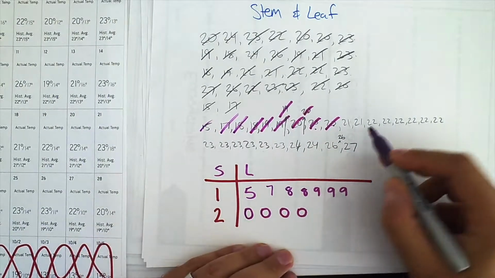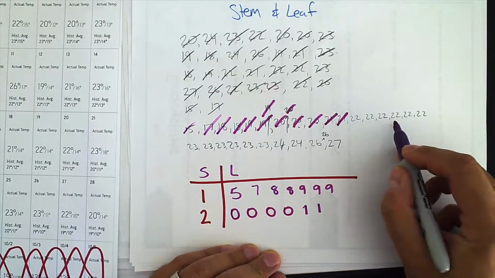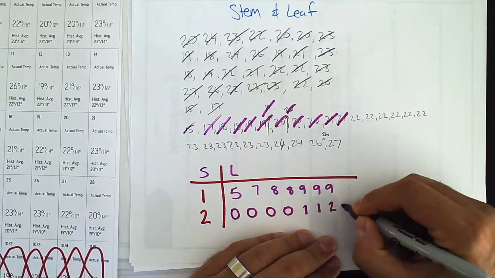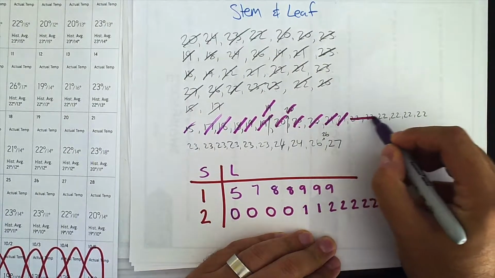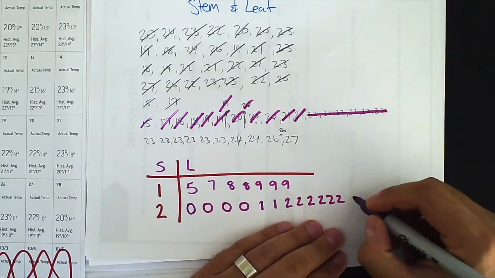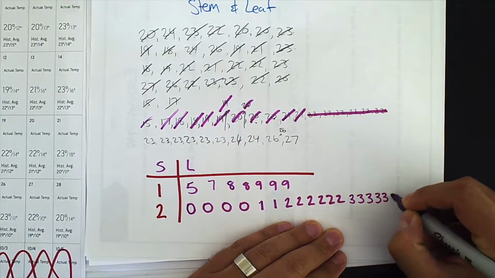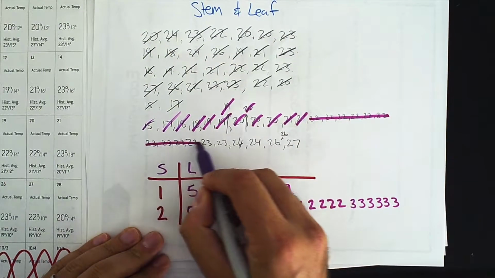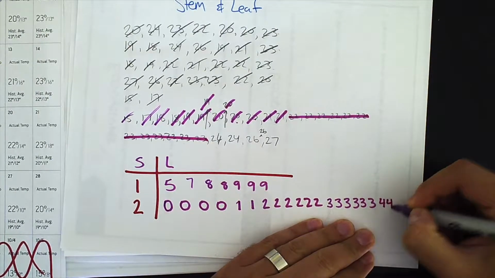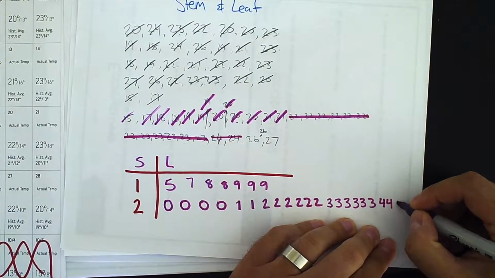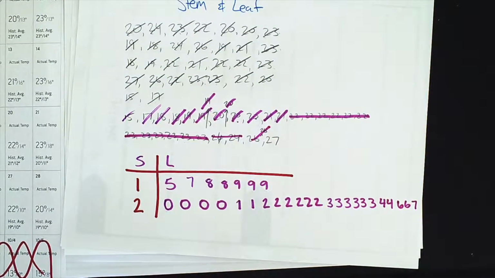We have 2 21s. 1, 2, 3, 4, 5, 6 22s. 6 23s. 2 24s. 2 26s. And a 27. We barely made it, but we got it.